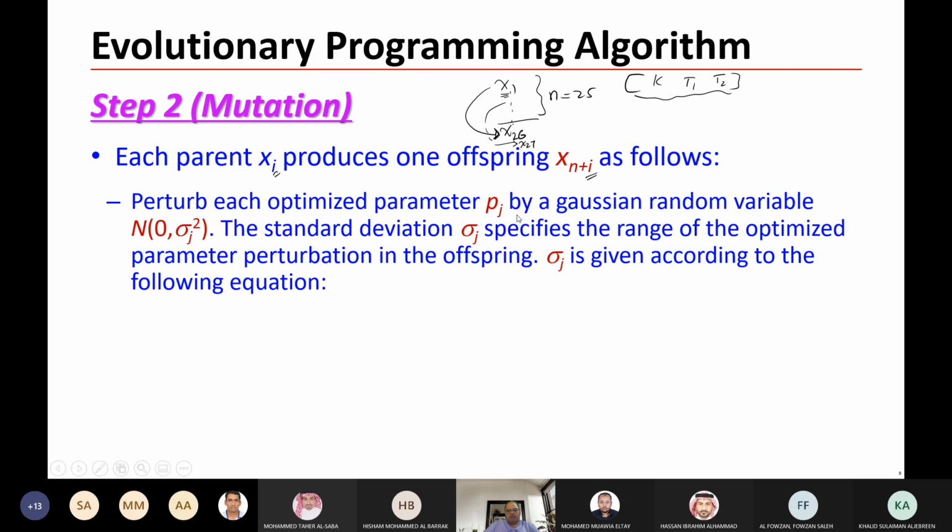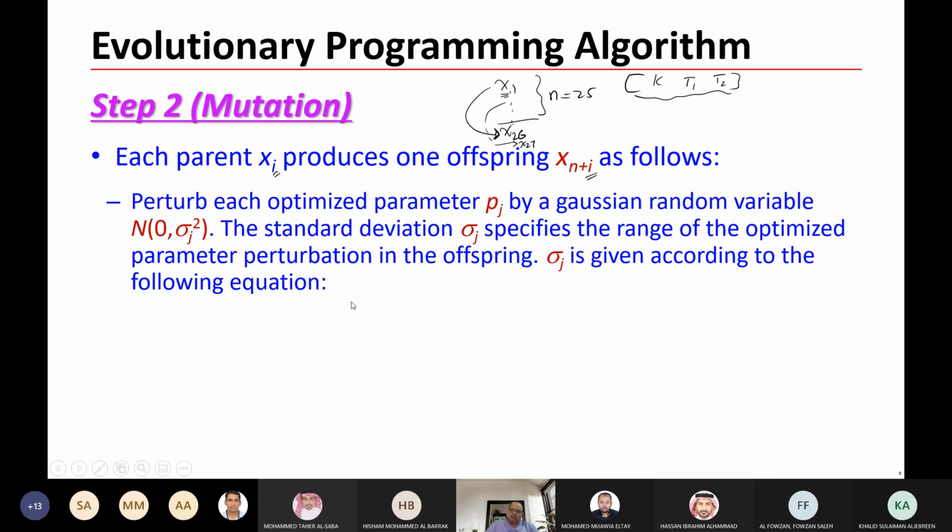So perturb each optimized parameter, which is K or T1 or T2, by the Gaussian random variable N of 0 at the average, and this is the standard deviation or variance. The standard deviation sigma j specifies the range of the optimized parameter perturbation in the offspring. The sigma j is given according to the following equation.